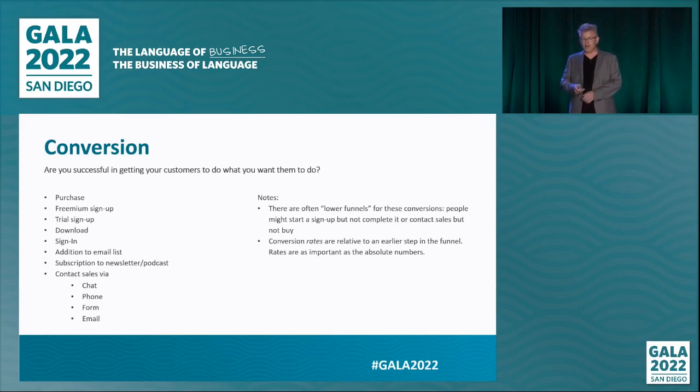So for a lot of these things, you would also have a sort of lower funnel. For example, the purchase, that is the last step for your web page. But then you need to have something where people have a checkout experience, right? And within that checkout experience, you might lose people again.